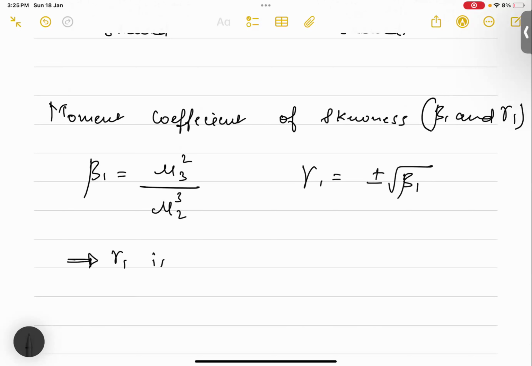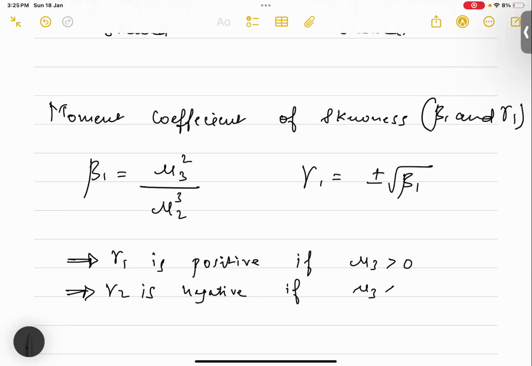Gamma 1 is positive if mu 3 is positive. Gamma 1 is negative if mu 3 is negative.